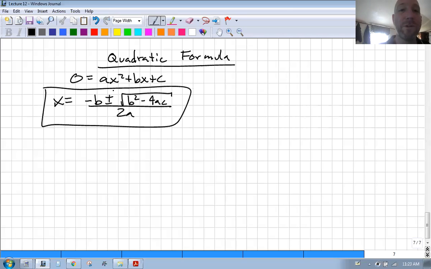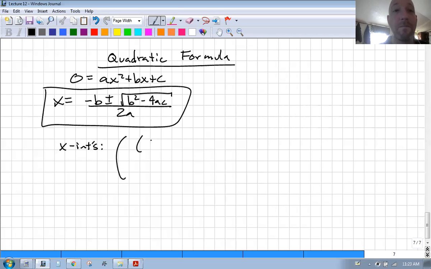Notice there are two solutions here, one with the positive and one with the negative. It's because there's an x squared. That means there are two solutions. So your x-intercepts are going to be at your two points here.